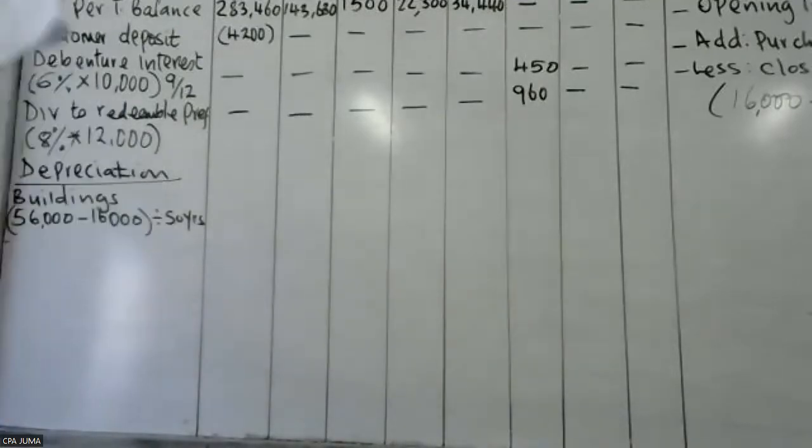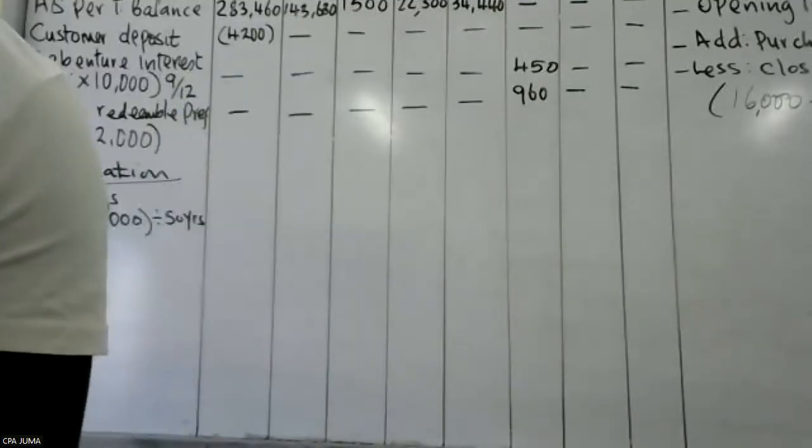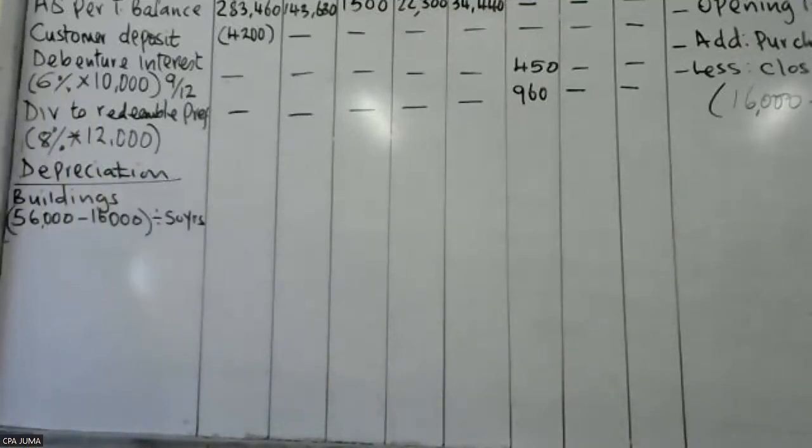So take this minus that, then divide by 50 years. What do you get? 800.